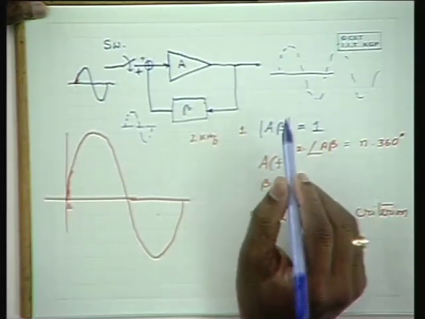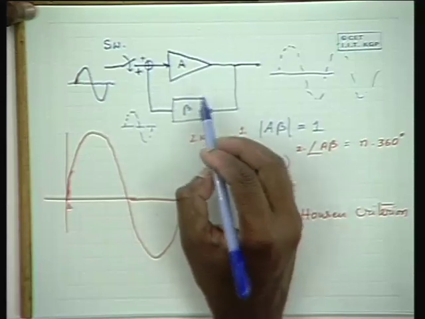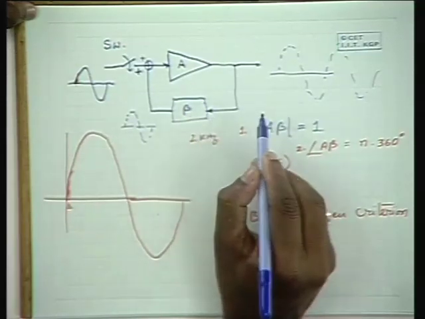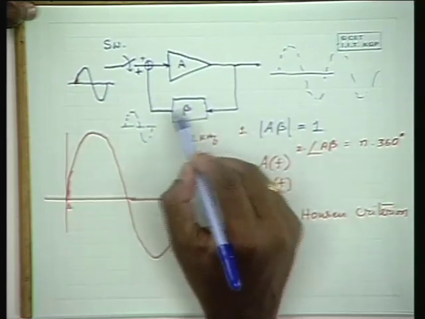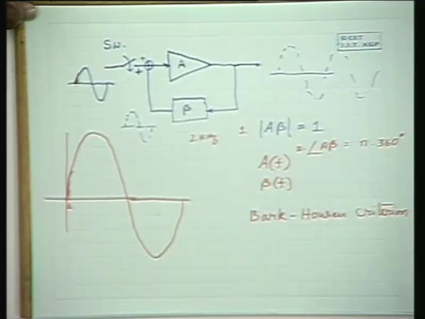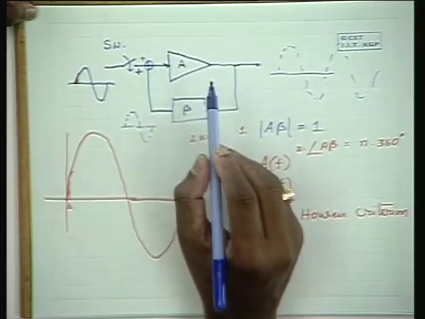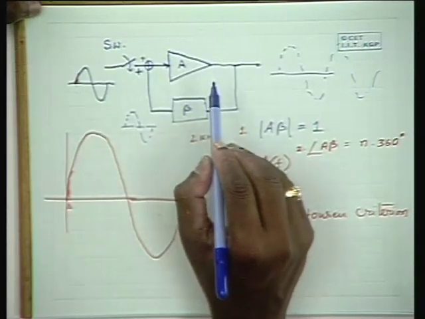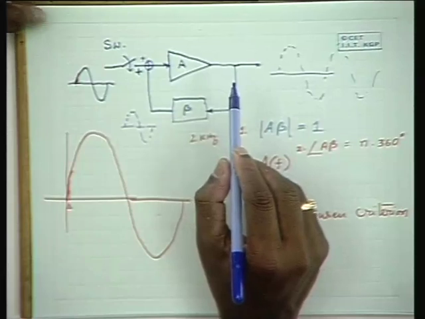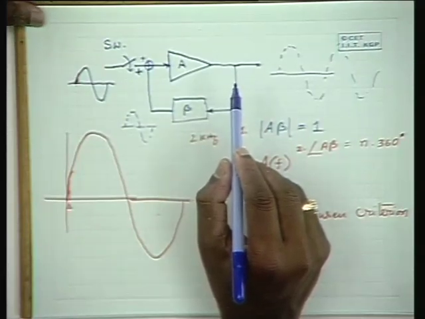So when we design it, we use a phase shift network for beta and see that the overall phase shift is a multiple of 360 degrees. You have seen that some amplifiers, like a common emitter amplifier, give you a gain with a negative sign.